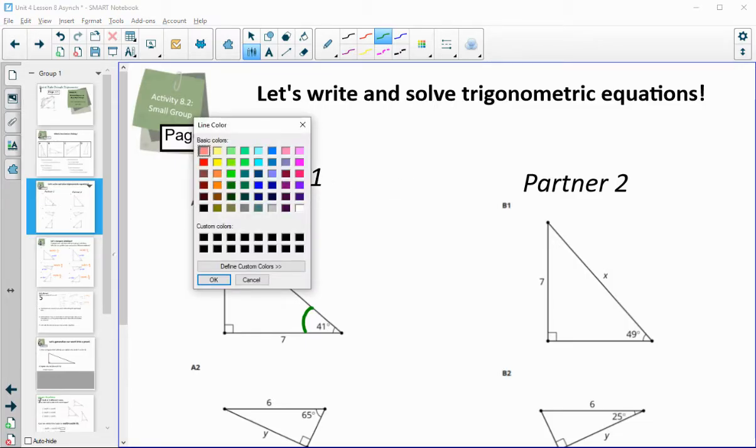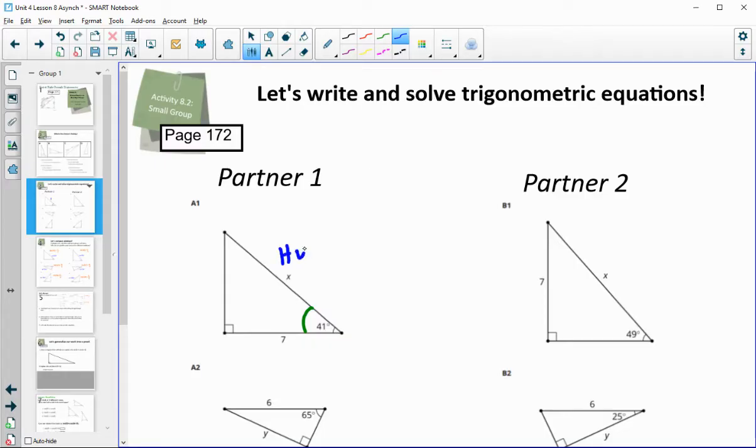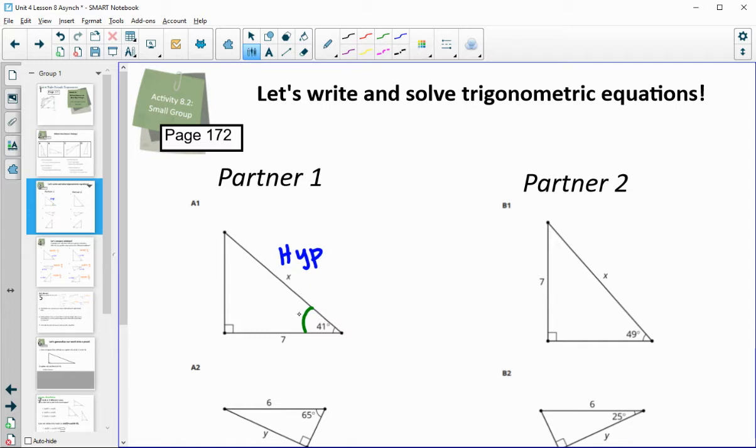In this first one, the side across from the 90-degree angle is the hypotenuse. And the side next to your acute angle, the 7 here, is the adjacent side. The function that connects hypotenuse and adjacent is a cosine function.